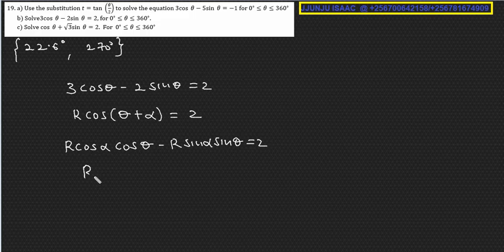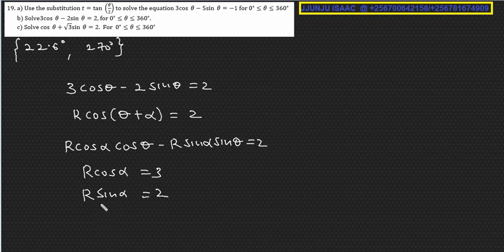We have R cos alpha equal to 3, and the coefficient of sine is negative R sin alpha equal to negative 2, so that means R sin alpha is equal to 2.